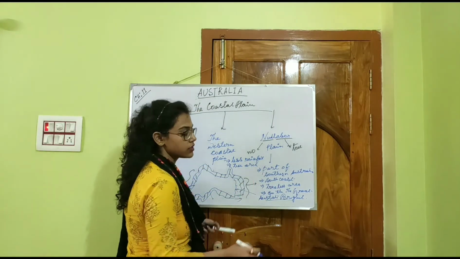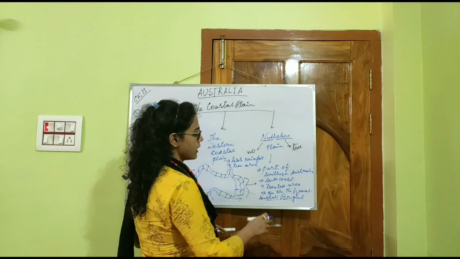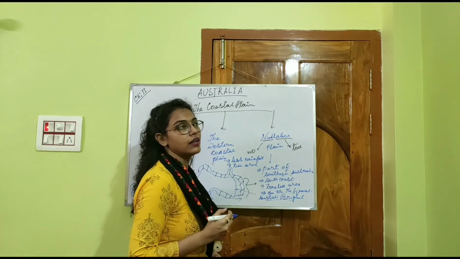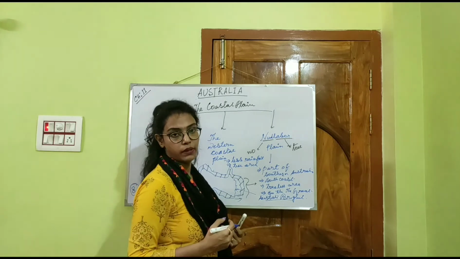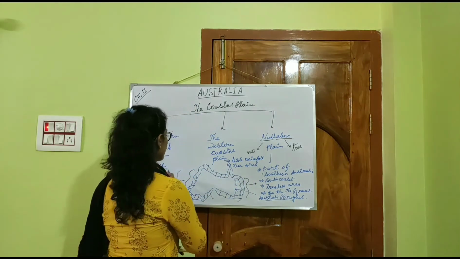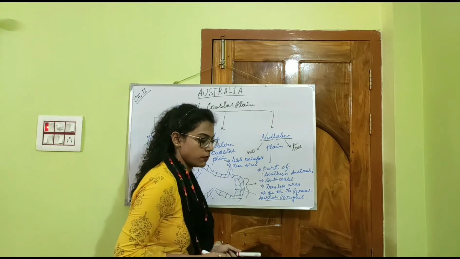The Great Australian Bight is actually a large oceanic bight, or open bay, and on that portion this Nullarbor Plain is located. So here are the three coastal plains.